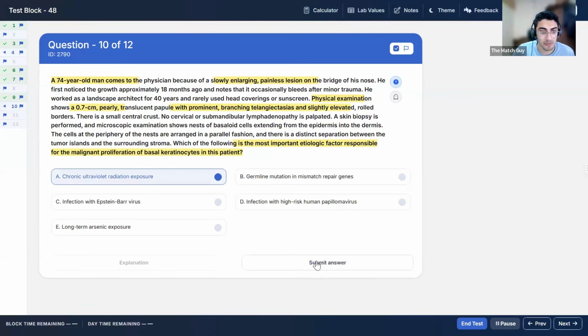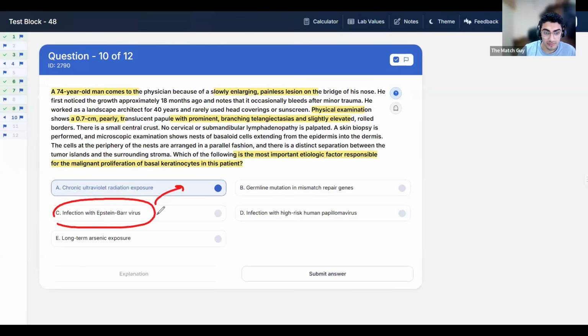Nice. Okay, before we finish, can someone tell me 4 cancers associated with EBV? Amazing. Nasopharyngeal carcinoma. What else? Burkitt lymphoma. Primary CNS lymphoma.